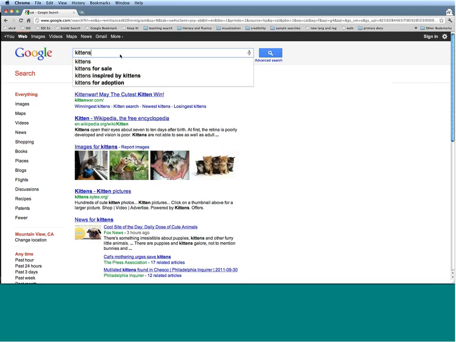Okay, so the question comes up, why do you get images in one and not in the other? And it's because kittens are cuter than cats. But the real answer is that we're selecting the best kinds of results as well. And this is called universal blending. So in this case, we're adding one line of image results. We could have done books. We might have done movies or news or something. But in this case, it's images because everybody wants to see kitten pictures.